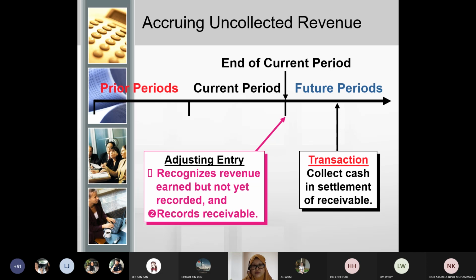So you have earned the revenue in the current period, but the payment will be made in a future period. In the adjusting entry, at the end of the current period, we have to record the receivable and also recognize the revenue earned.